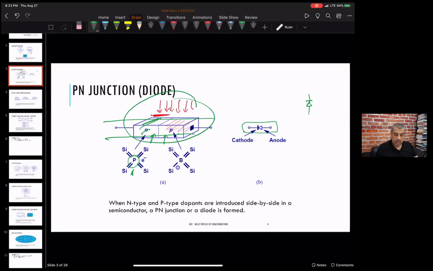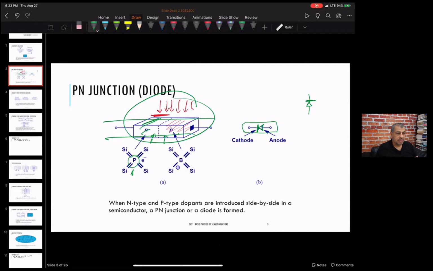So this is the diode, and the way you draw it is a convention. By convention, this side with this bar is called the cathode, and the other side of the rectangle is called the anode. I don't know why. I think it had something to do with vacuum tubes.